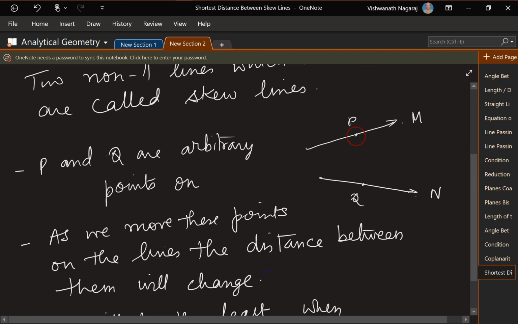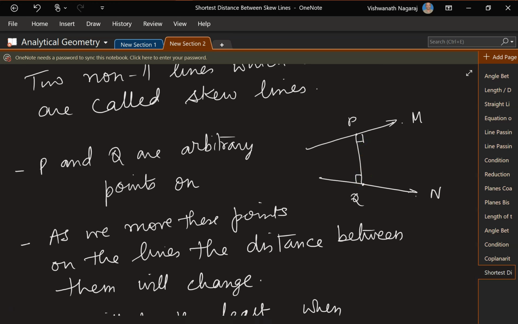So which means at some point the distance between these two lines will be shortest when this is perpendicular to this, and this is perpendicular to this. Now it may not look like this, but take two pencils and hold them in any order, but make sure that they don't touch.